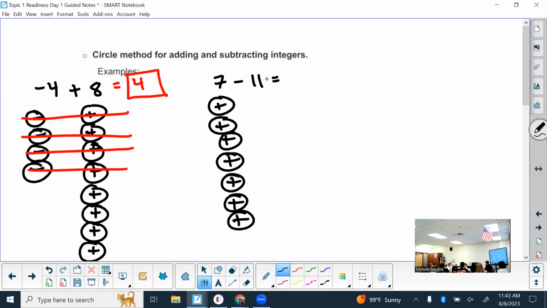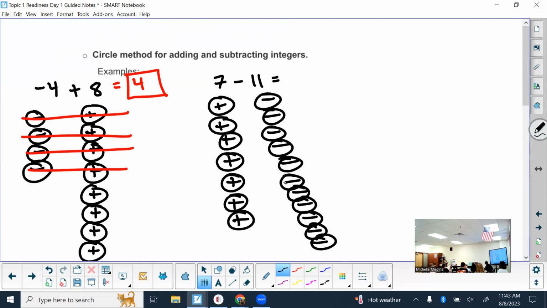All right, and then what's the sign that's on the 11? It's negative, so always keep the sign that's in front of each number. So that is a -11. So I have 1, 2, 3, 4, 5, 6, 7, 8, 9, 10, 11.